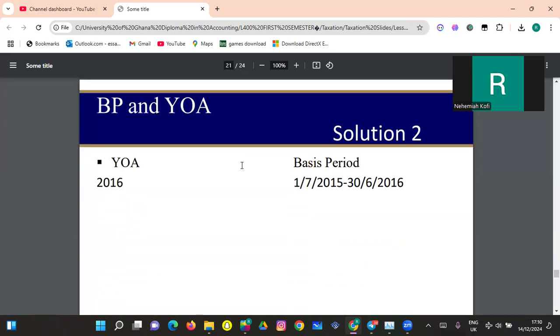So in the year 2016, his basis period will run from 1st July 2015 to 30th June 2016. We normally just pay attention to the last year here to get the whole concept.